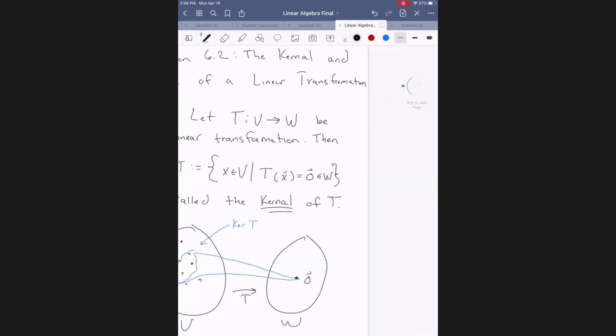So suppose that T from Rn to Rm is defined as T of X is equal to AX, where this is an n by m matrix right here, okay? Then the kernel of T is exactly the null space of A.